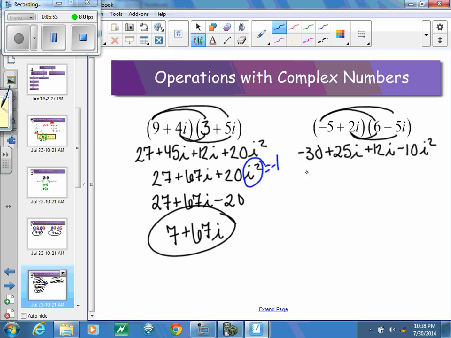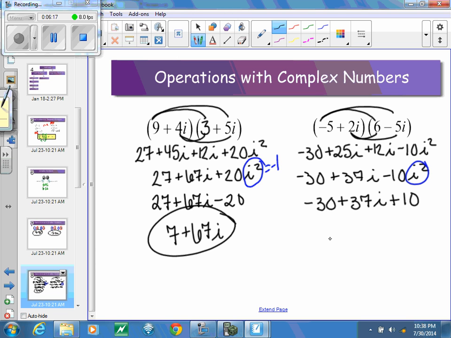So when I work out this, I've got negative 30 plus 37i minus 10i squared. Since i squared equals negative 1, I'm taking negative 10 times negative 1, which is actually going to be adding 10. So I have negative 30 plus 37i plus 10. Going to end up giving me here negative 20 plus 37i.